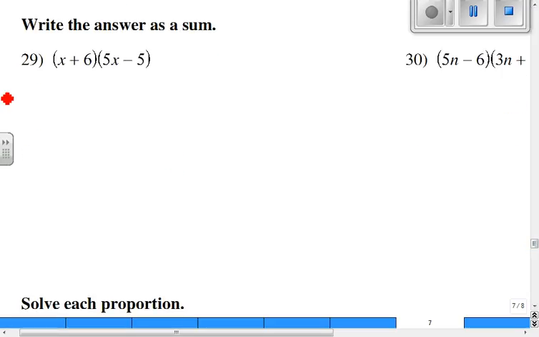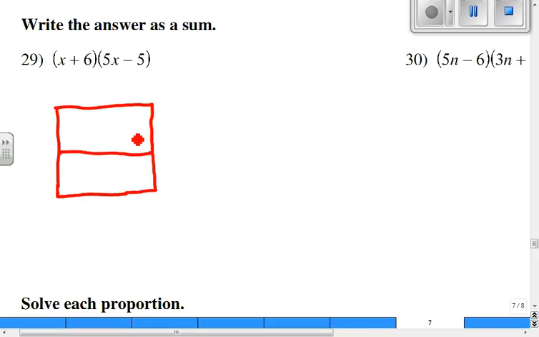Okay, we want to write the answer as a sum. So that means we're trying to multiply these two binomials. We multiply binomials using a generic rectangle. Binomial meaning two terms.